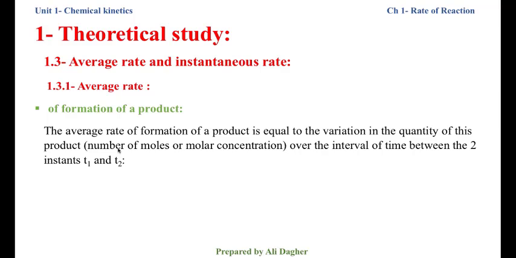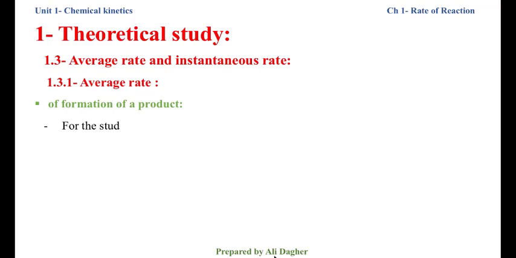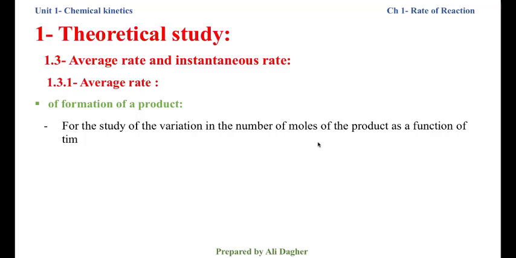Then the expression becomes, for the study of the variation in the number of moles of the product as function of time, n product equal f(t), the average rate of formation of product equals delta n product over delta t, which is n2 minus n1 over t2 minus t1. Average is represented by r with a bar or dash, that means average rate.